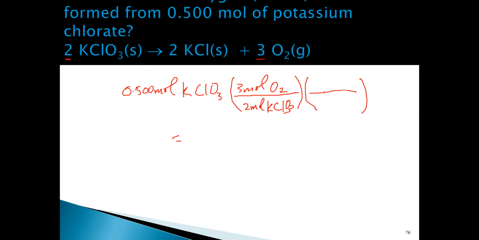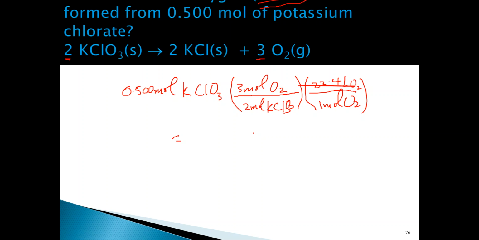Now, the important part here is the fact that they gave you the conditions as STP conditions. That means, and we know this already, that under STP conditions, 1 mole of a gas will occupy a volume of 22.4 liters. So let's do that calculation: 0.5 times 3 divided by 2 times 22.4.